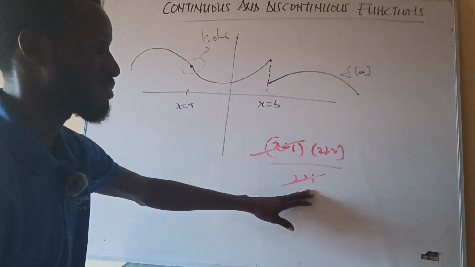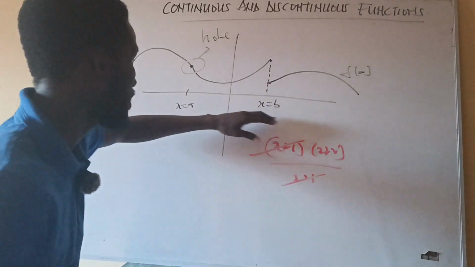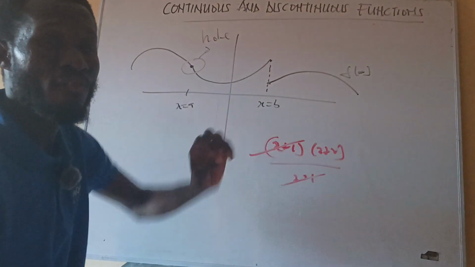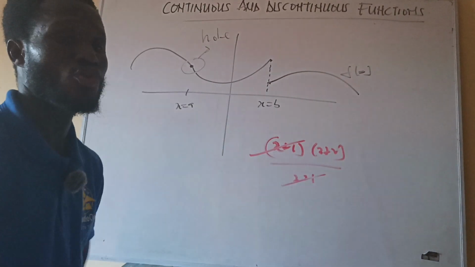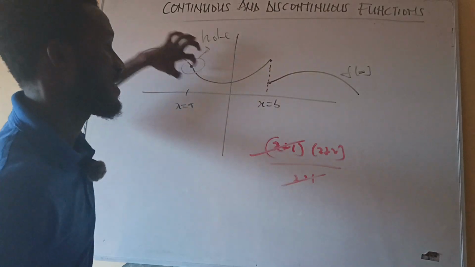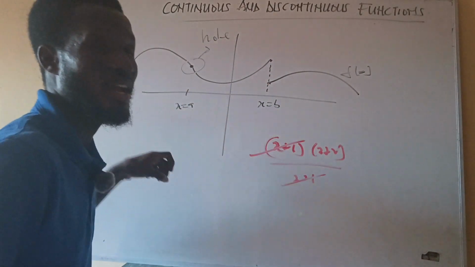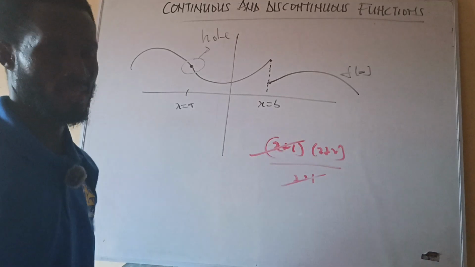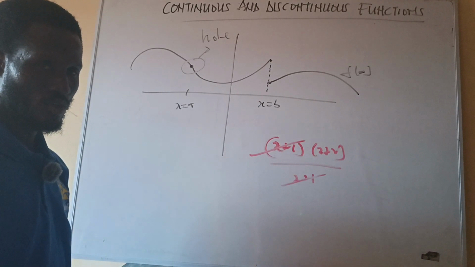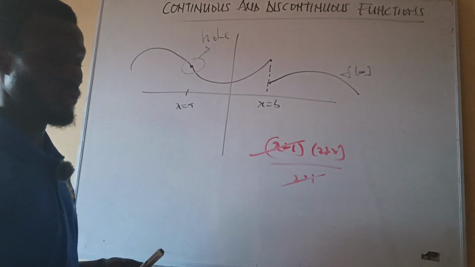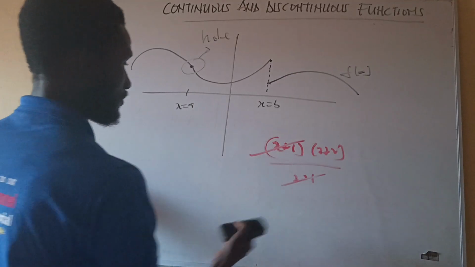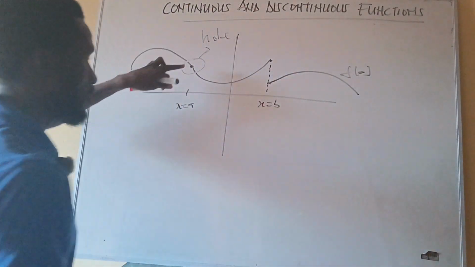So since we have x plus 1 cancelling x plus 1, we are going to get a removable factor. And that removable factor will create a hole in the curve. And that particular hole is what we call the removable discontinuity. So we're going to create a hole here.